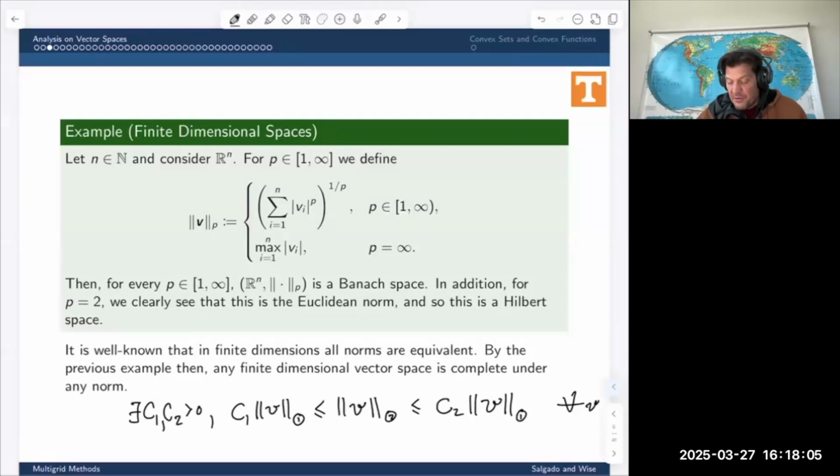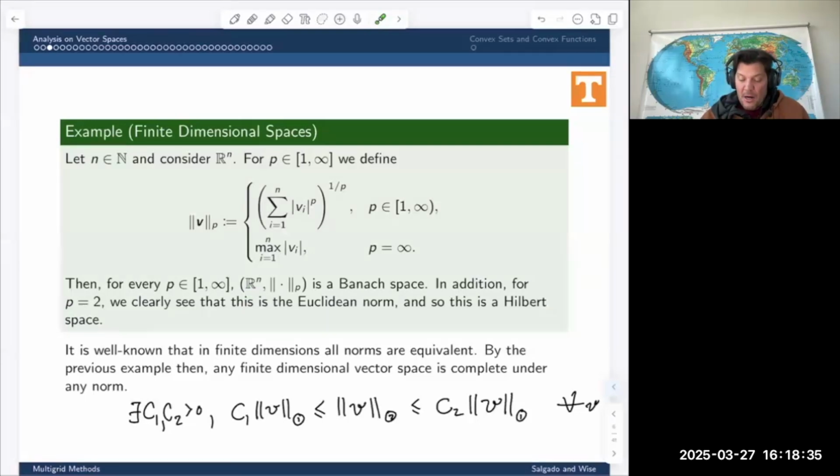Now, in finite dimensional spaces, all norms are equivalent. So if you generate any norm, as long as it satisfies all the good properties of a norm, then we can easily show that that norm is going to be equivalent to any other norm that you might want to build. So that's a kind of interesting fact. And so, by the way, that means that Rn with any norm that you want to put on it whatsoever is going to be a Banach space.